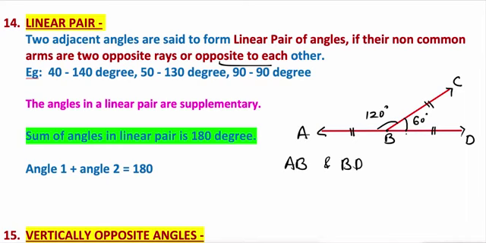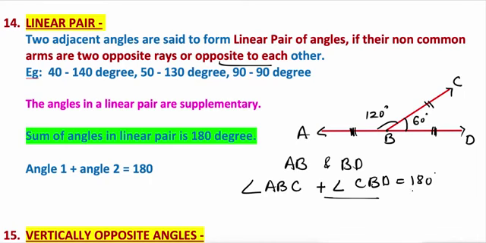The main condition for a linear pair is that the sum of the angles should be 180 degrees. Only if the sum of the two angles, angle ABC plus angle CBD, is equal to 180 degrees will the non-common arms be opposite to each other. Then only can they form a linear pair. So the angles in a linear pair are supplementary.